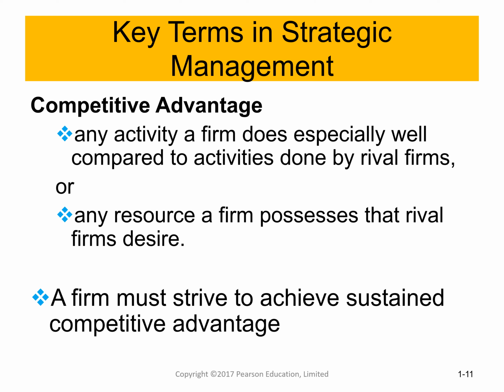Now, there are some key terms that managers need to be familiar with in formulating and implementing strategies. First term, and one of the more important ones, is competitive advantage. What is competitive advantage? It is any activity that distinguishes an organization from its competitors.